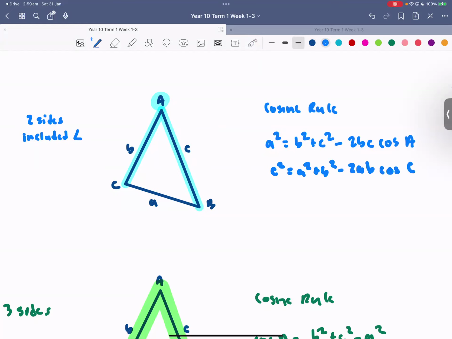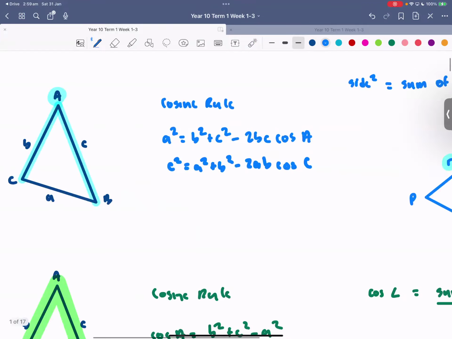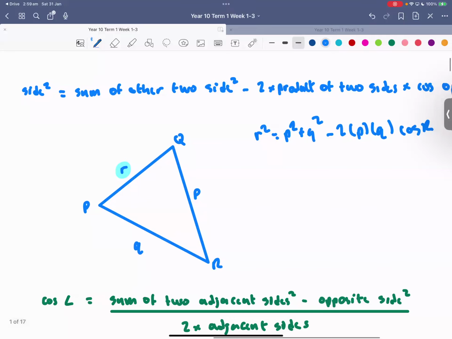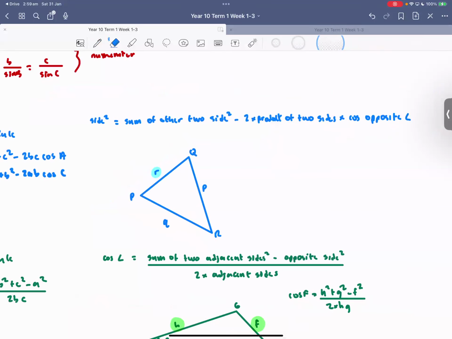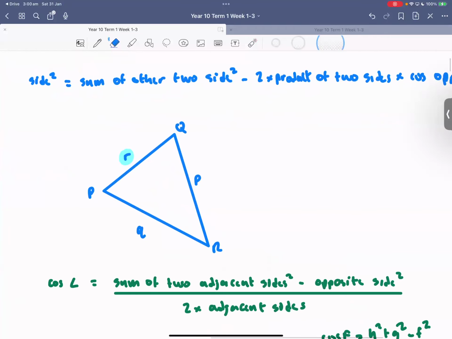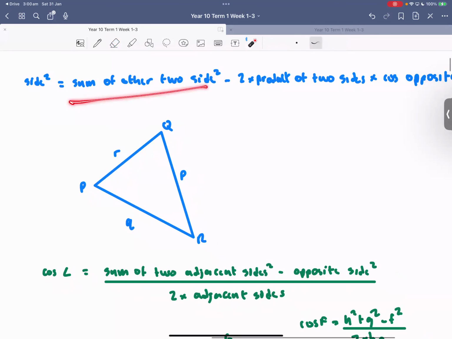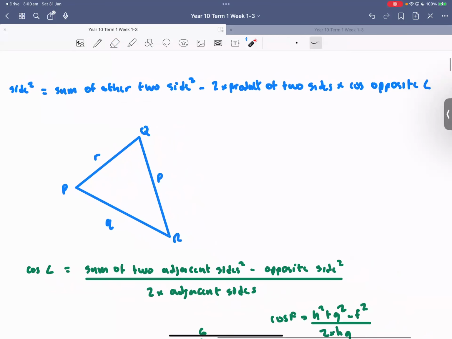So what's the English way to memorize this rule so we don't mess it up? The English way is this. Any side squared is the sum of the other two sides squared, minus 2 times the product of the two sides, times cos of the opposite angle.